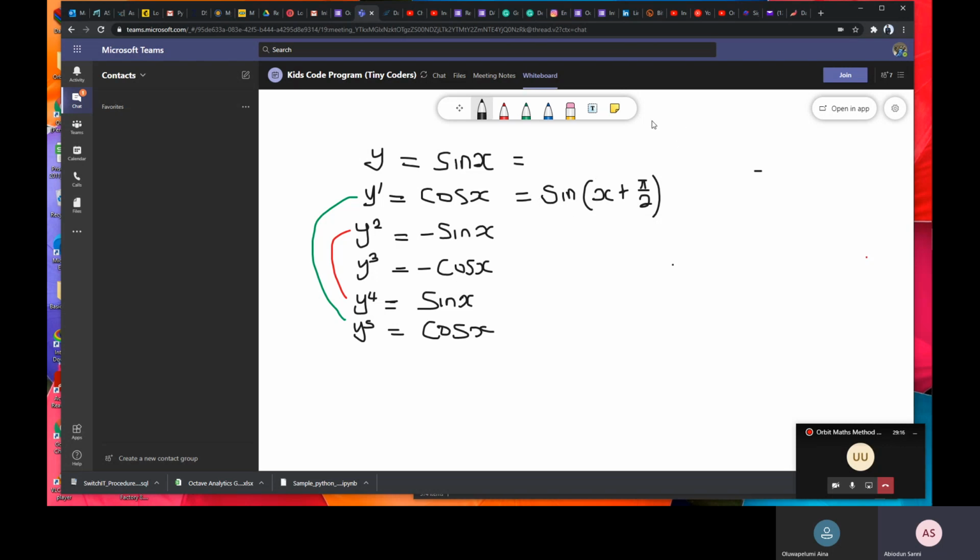So remember that sine of a plus b is equal to sine a cos b plus cos a sine b.